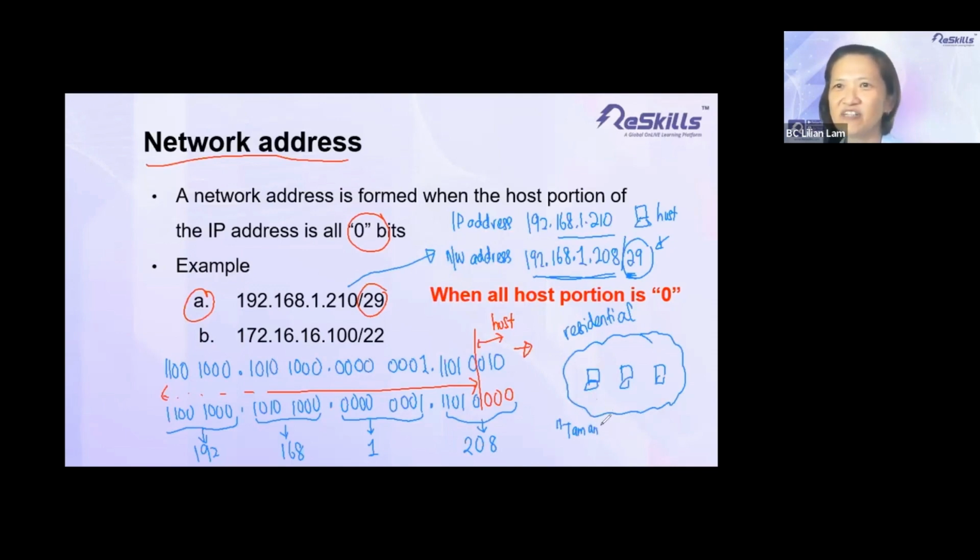So maybe this is what we call Taman ABC. And my house is number 210, and your house is 212, and the next neighbor is 214.